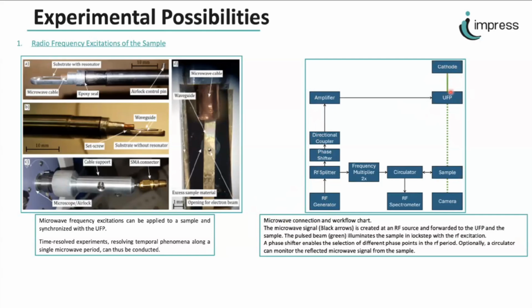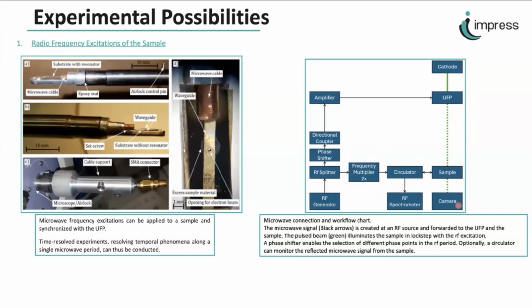The gun will be in CW or continuous mode, reaching the ultra-fast pulser or ultra-fast blanker, which creates electron pulses, and this will be synchronized with the stimuli which reach the sample and excite the sample in different conditions.